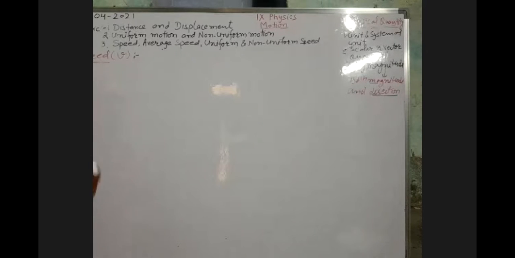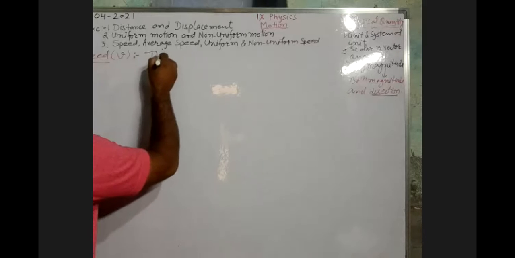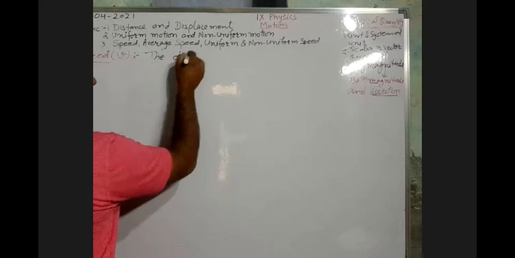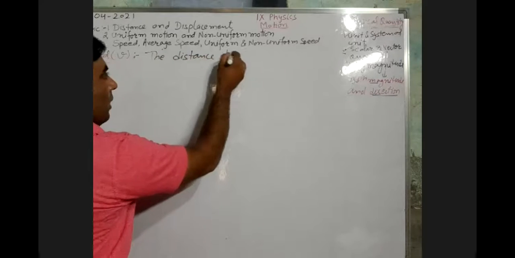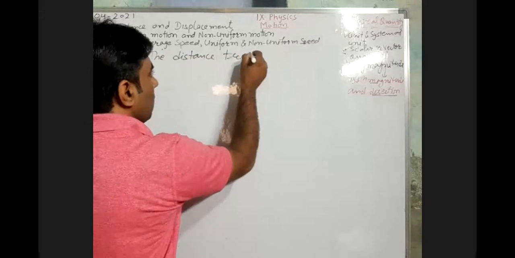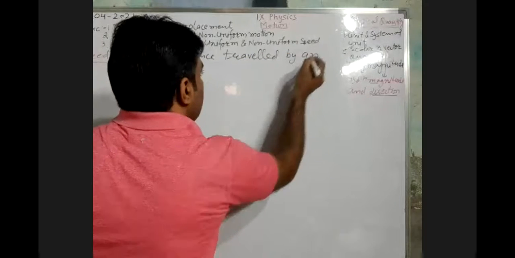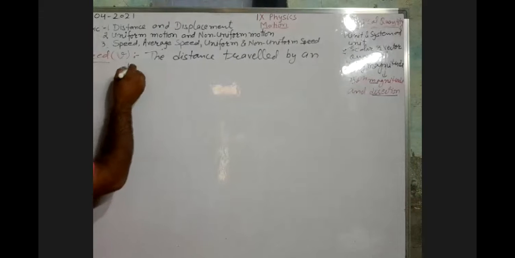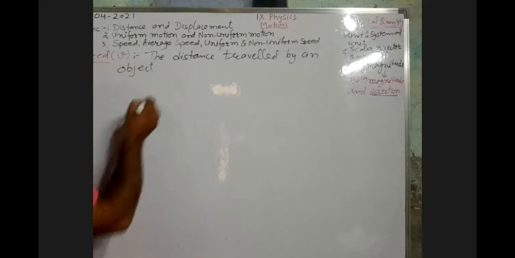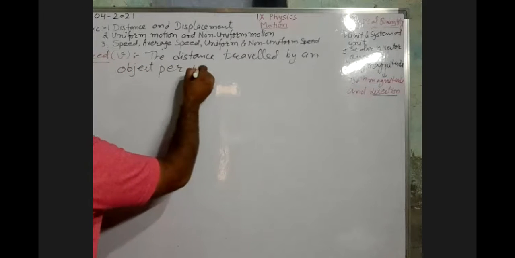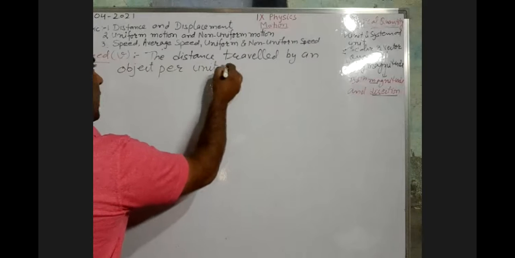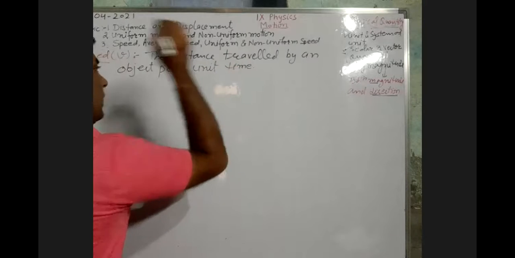The distance traveled by an object per unit time is known as speed.